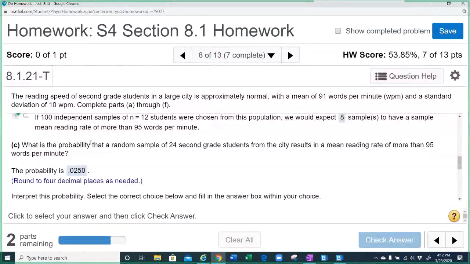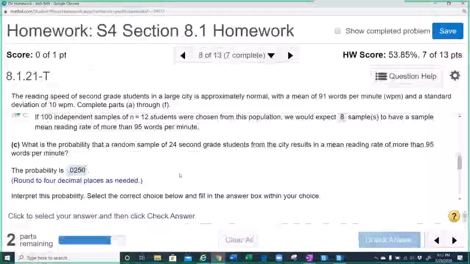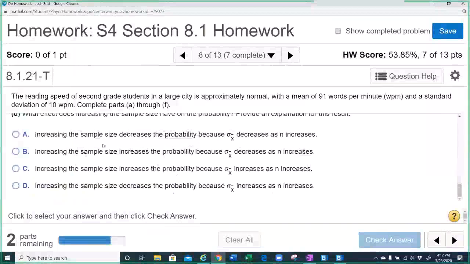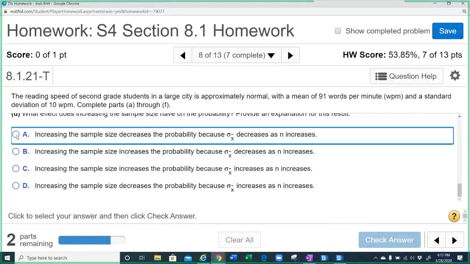So as we increased the sample size, the probability went down. Increasing sample size decreases probability. It's either going to be A or D, because the standard deviation, this guy here, will always go down as the sample size increases. So this is the one you want to choose right here.